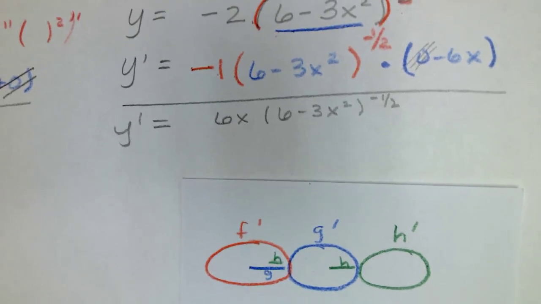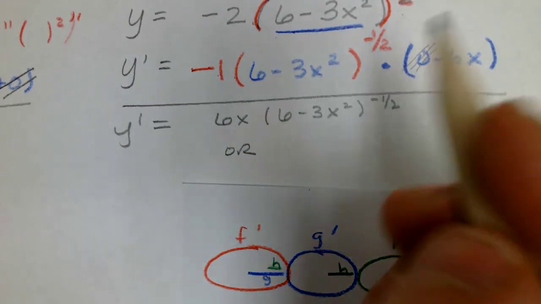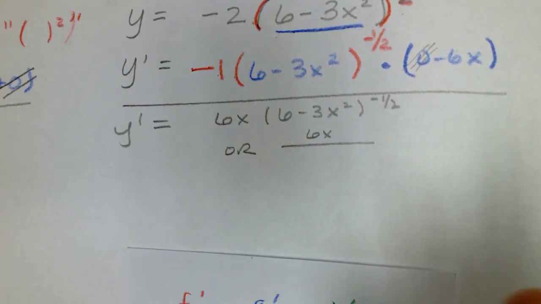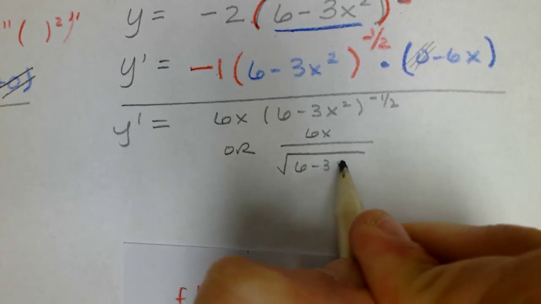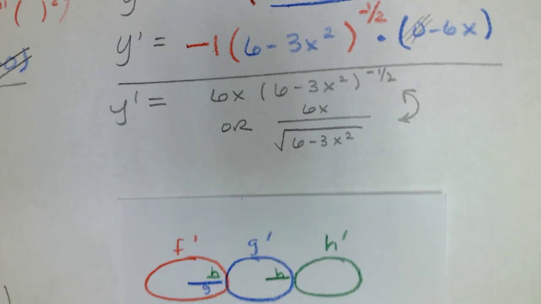I'm going to put an or here, because depending on the textbook or your professor, they may want you to write this as 6x up top, and in the bottom would be the square root of 6 minus 3x squared. These are the same thing written in different forms.